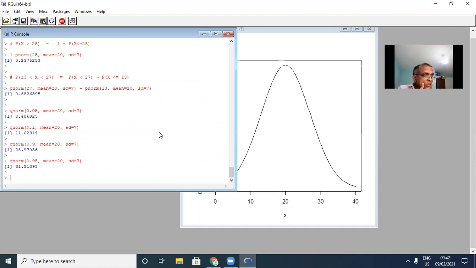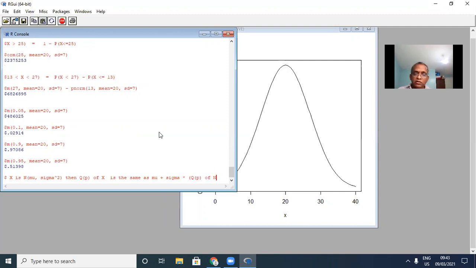Part 3 of exercise 4 is asking you to compute the percentiles using a different approach. I don't know if I told you in class, but if you have a variable x that is normal with parameters mu and sigma squared, then the quantile function q of p of x is the same as mu plus sigma times the q of p of the standard normal.